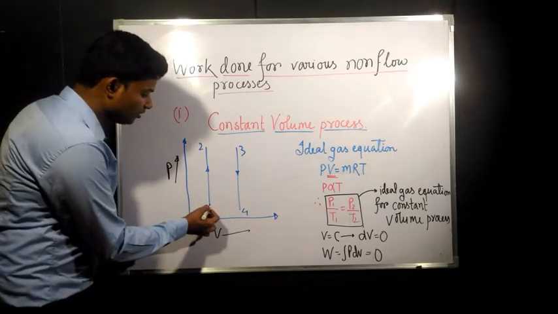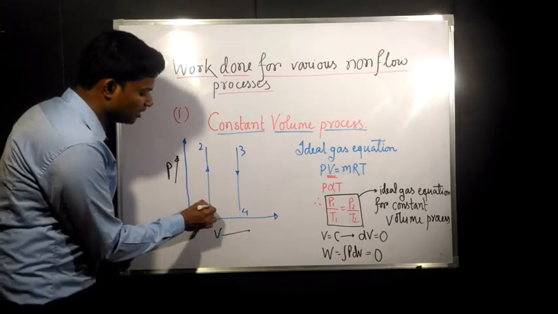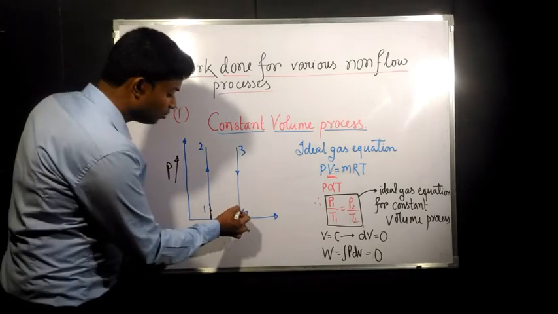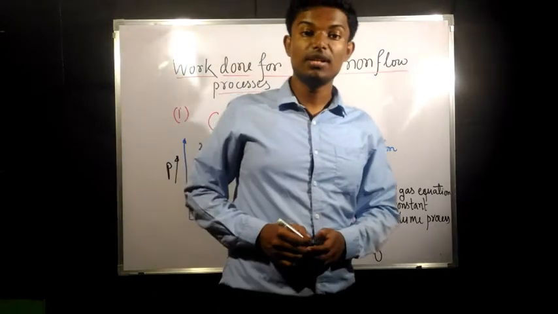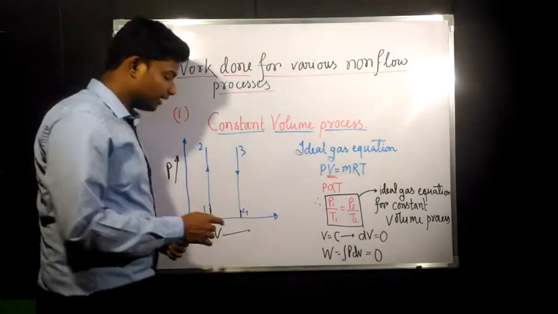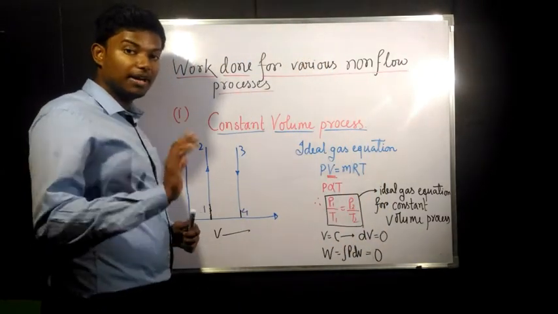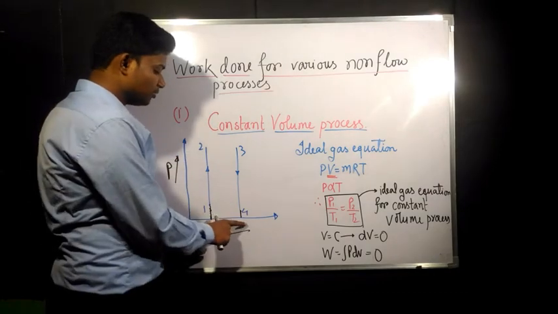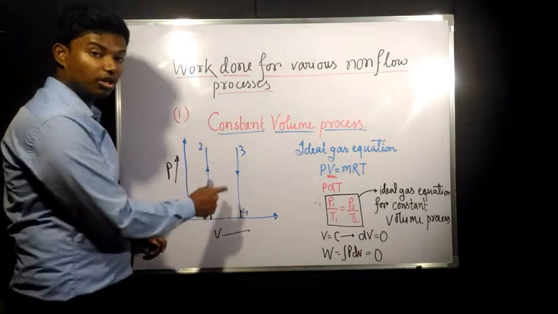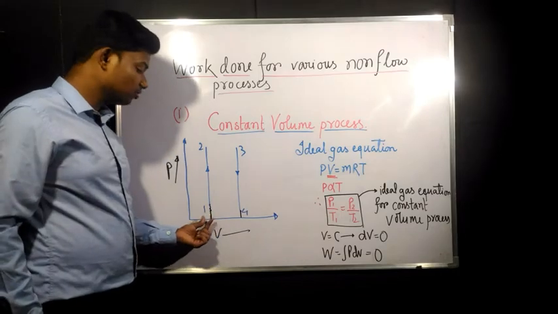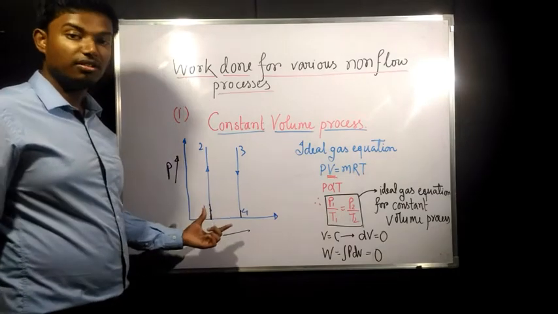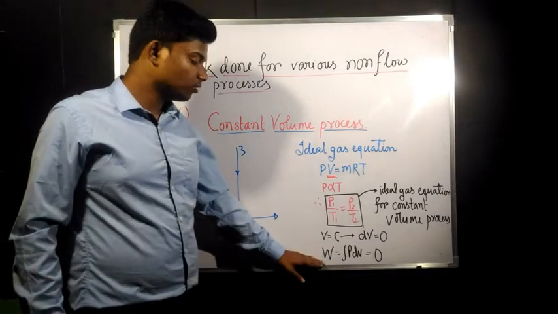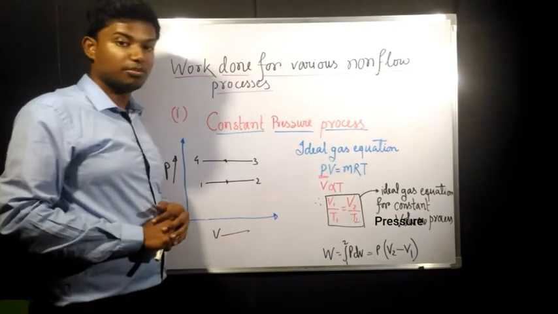Projected on the volume axis, each of these is only a straight line, and for a straight line the area is 0. Only length would be there, no breadth. So the total PdV work in a constant volume process is 0, which we have proved. Now we'll see the constant pressure process.